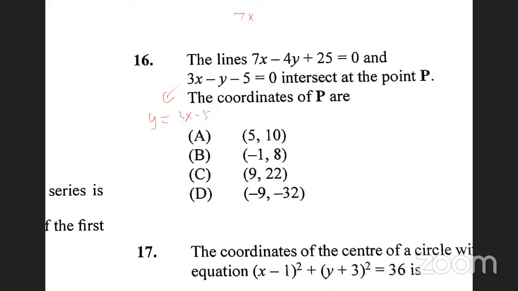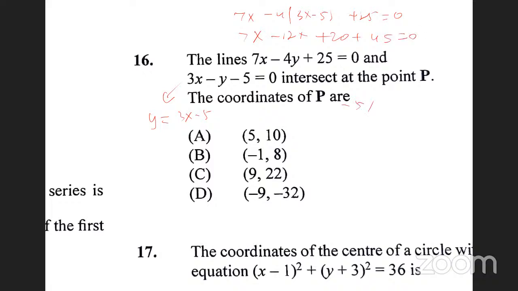So you'll get 7x minus 4 times (3x minus 5) plus 25 is 0. So you'll get 7x minus 12x plus 20 plus 45 is 0.